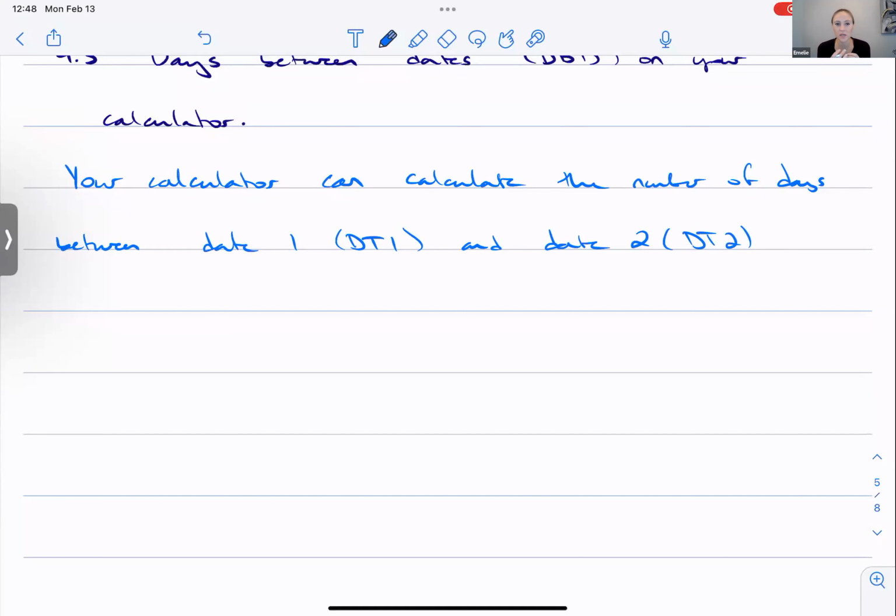So how we use it, right, is for more precise interest calculations. This will allow us to do precise interest calculations.